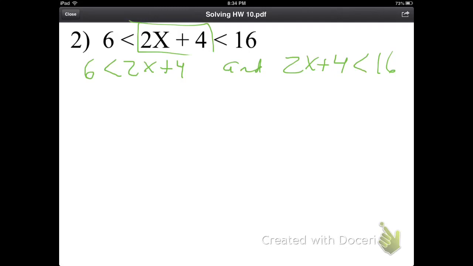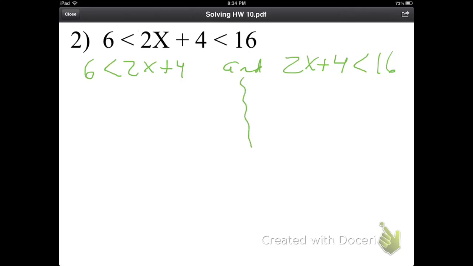That's what it means when it's all in one line. Both of these things happen. It is an "and" compound inequality. So now we've got it written out into two pieces, and that's what you do when you run into these. When it's written in one line, you just write it as two inequalities, and then you solve each of those separately.